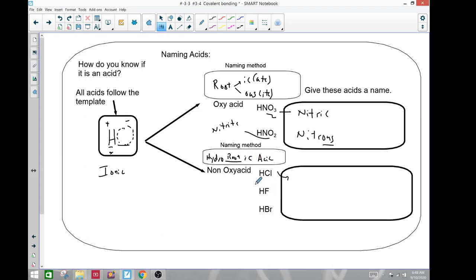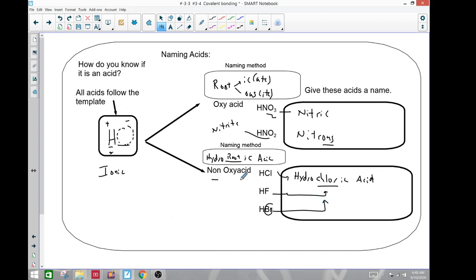This is just going to be hydrochloric acid. In this situation, all we ever do is change out this piece here. So this one is going to be hydrofluoric acid, hydrobromic acid. Okay, so acids are pretty much everywhere.